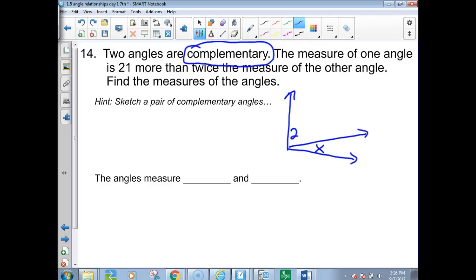Perfect. 21 more means to add 21, and twice it means to double it, 2 times it. Now find the measures of the angles. So these angles add up to 90. So 2x plus 21 plus x is 90. Now you can find them. That help?